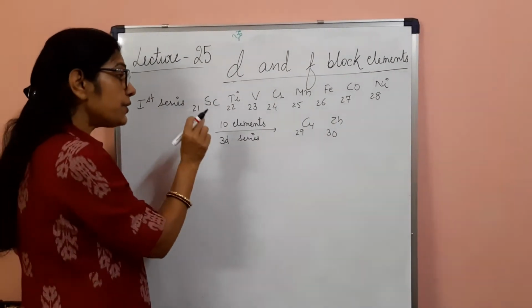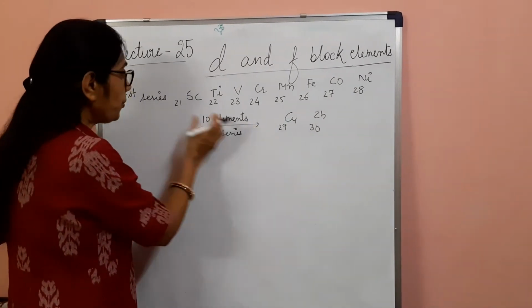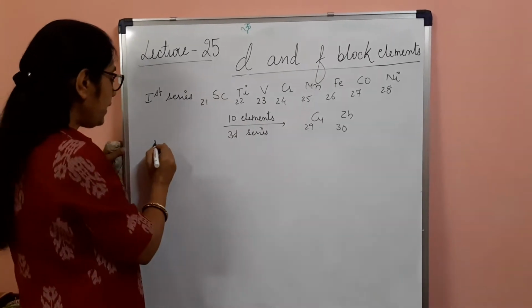Since the electrons are added successively in 3D orbital, this series is known as 3D transition series.